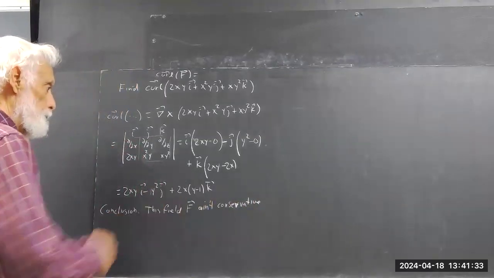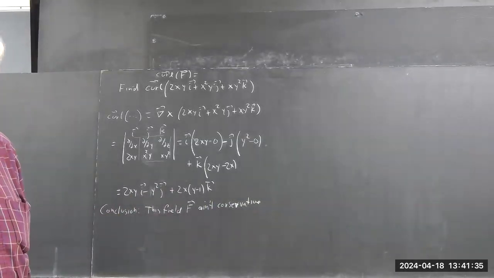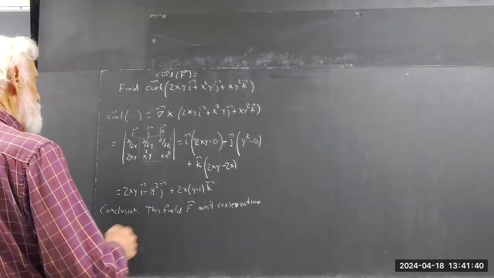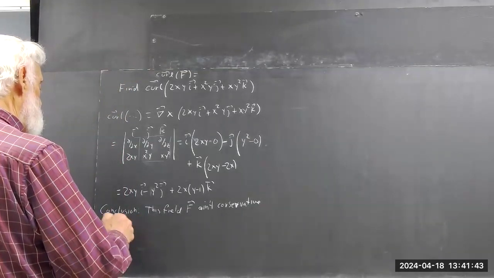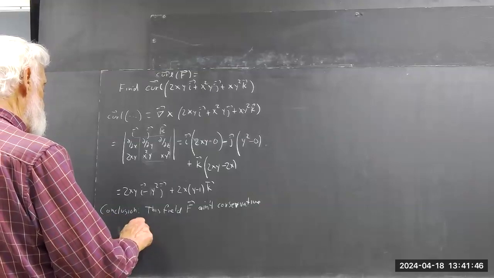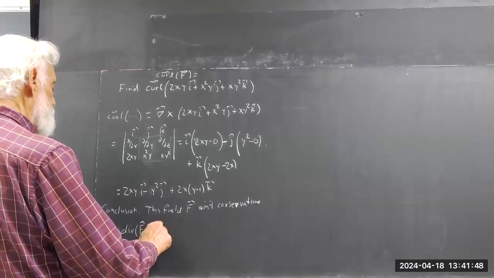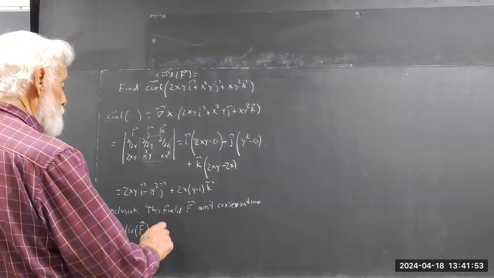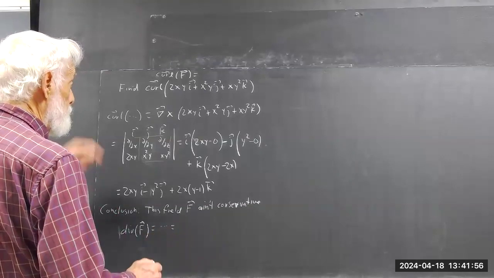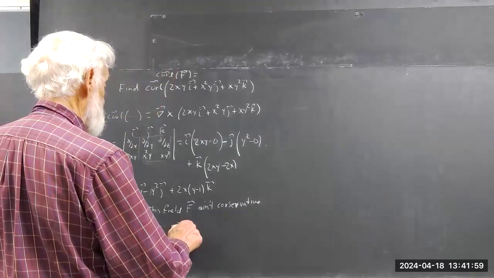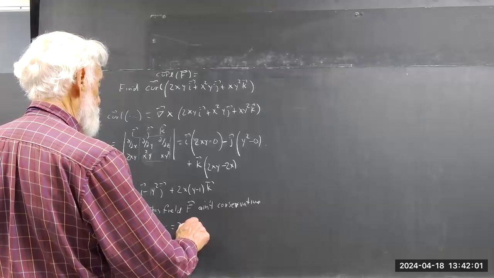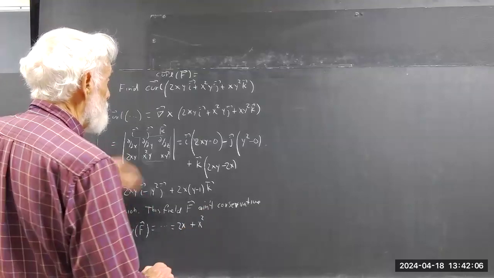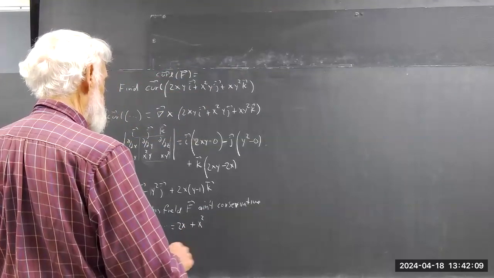I can say this field ain't conservative. Okay. Also, divergence of F, which is what? Well, you can write it out, but the x derivative of this is 2x. Derivative of this with respect to y is x squared. Derivative of this with respect to z is 0.